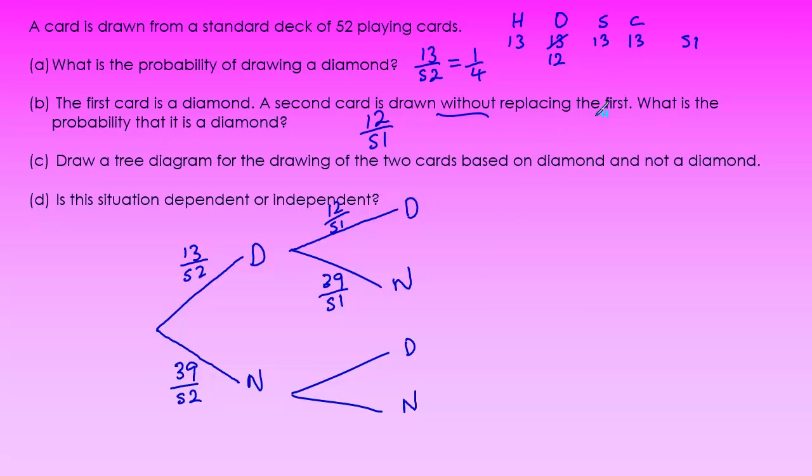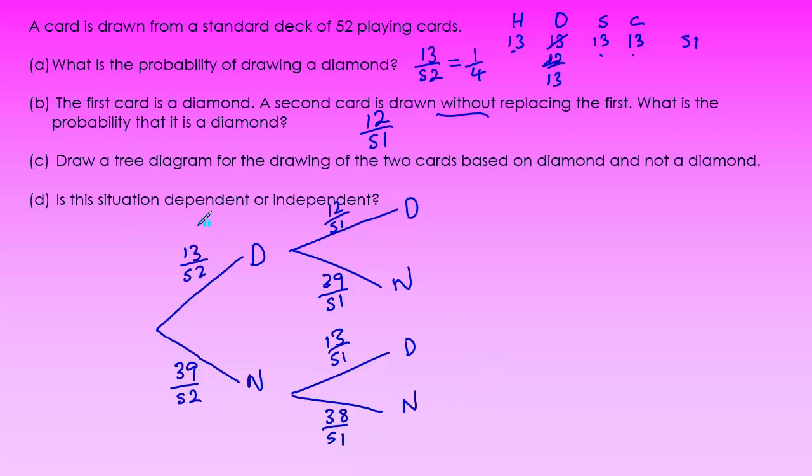But if we didn't draw a diamond the first time, we still have 13 diamonds, and we'd only have 38 other cards because either we'll have drawn a heart or a spade or a club, so one of those will be down to 12. So this one will be 13 out of 51, and this one will be 38 out of 51.